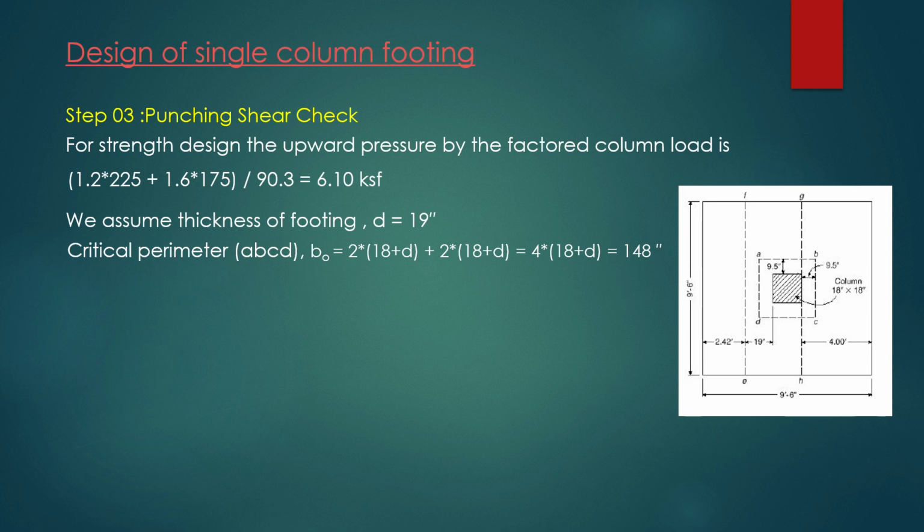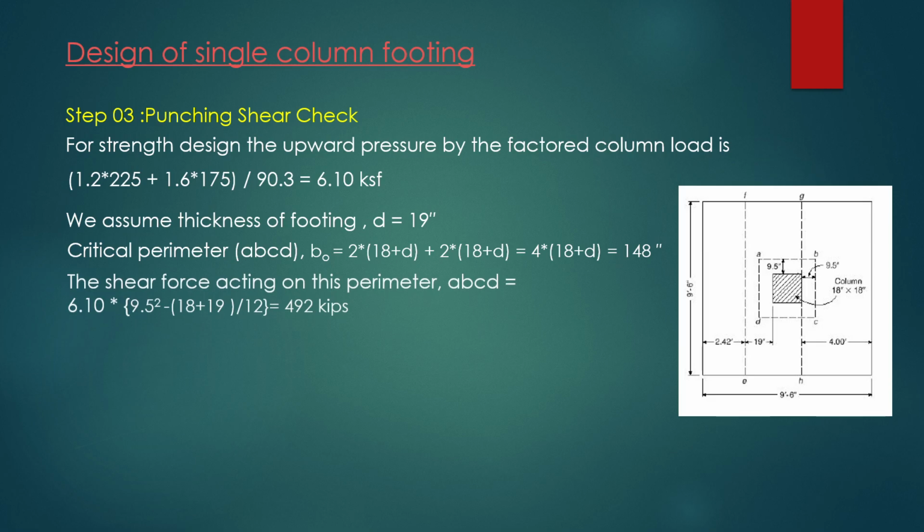We need to mark the critical perimeter ABCD, which is denoted as B naught. This is actually the four arms of this area ABCD surrounding the column. The shear force acting on this perimeter ABCD equals 492 kips.